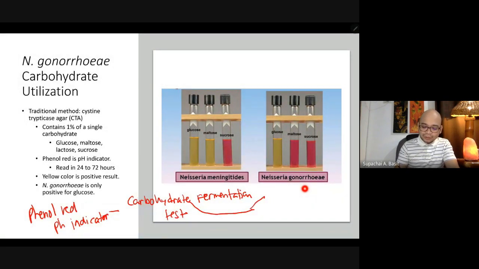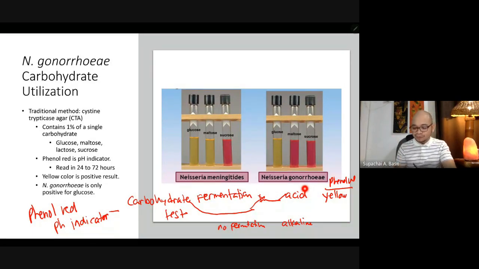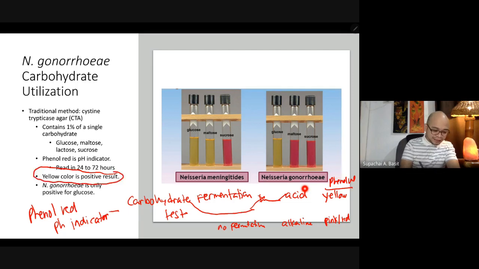Take note that whenever fermentation takes place, it will turn the medium acidic. If no fermentation has taken place, the medium remains alkaline. If the medium becomes acidic, phenol red would be yellow. If the medium becomes alkaline, phenol red would be pink or red. So a positive result in the carbohydrate fermentation test is yellow.